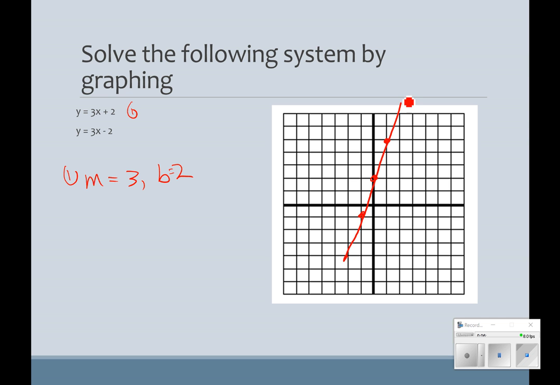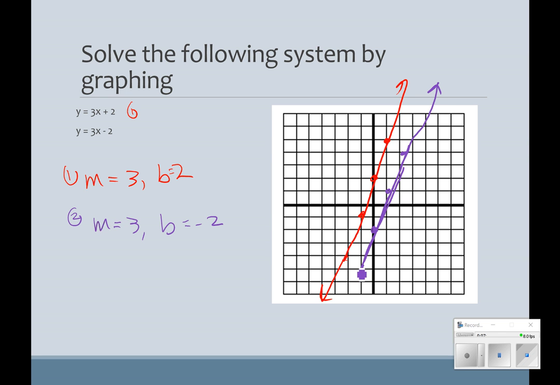So here is my line for that. For my second equation, my slope is 3, my y-intercept is -2. Okay, so I'm going to go up 3 and over 1 and graph that. Didn't quite hit the lines there.